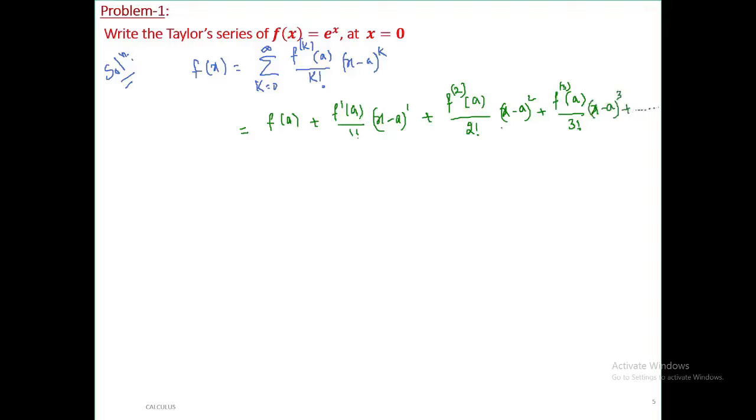So all this sum will be exactly equal to f of x.